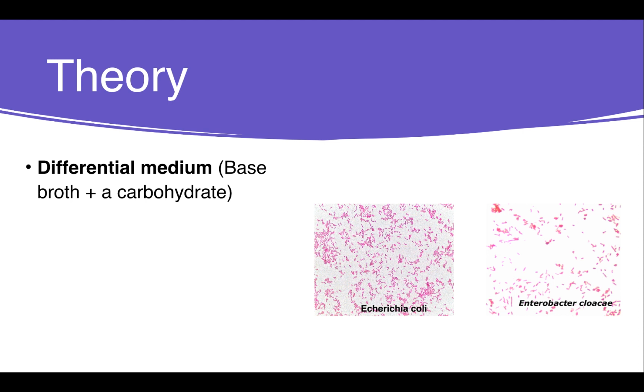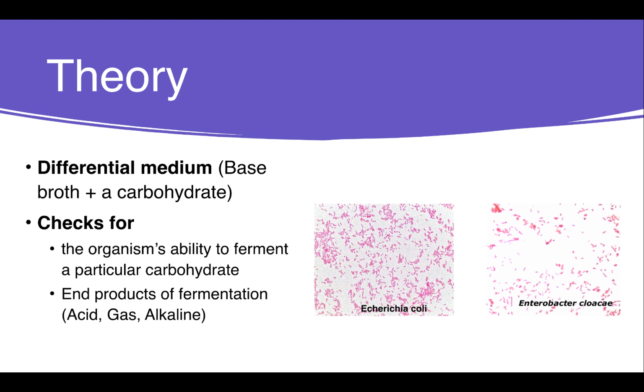Using physiology tests, these two organisms more than likely will contain different enzymes that allow them to utilize certain things in a medium or not. These organisms may or may not contain certain enzymes that would allow them to utilize what we have placed in the media. The PR test, phenol red, checks for the organism's ability to ferment a particular carbohydrate.